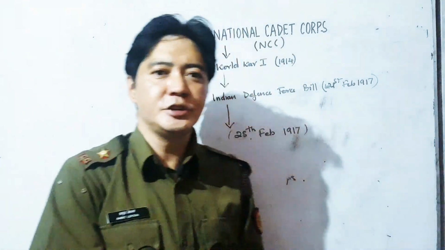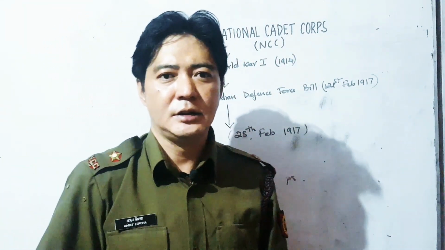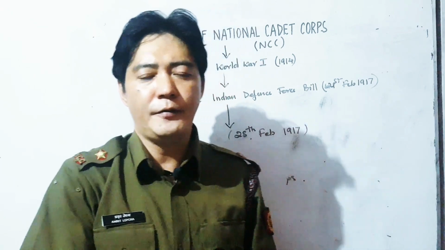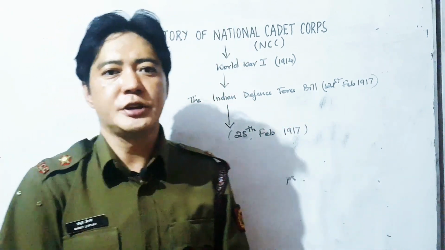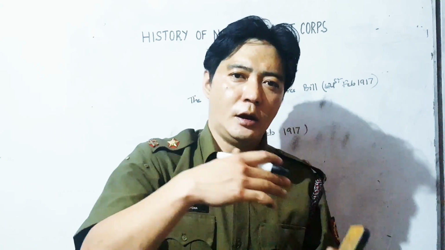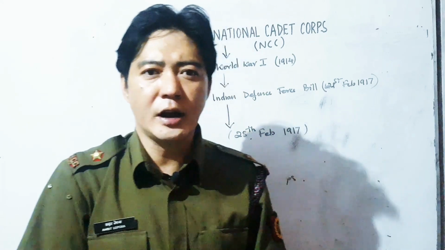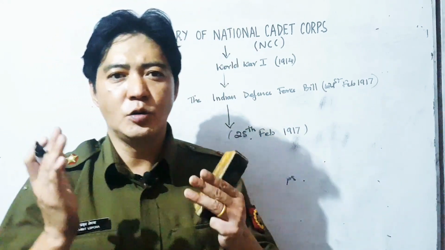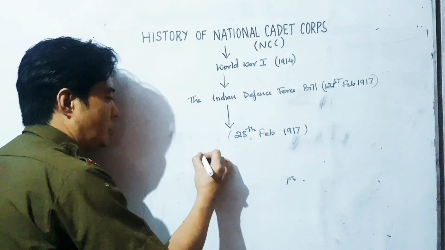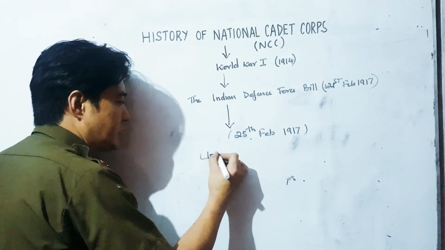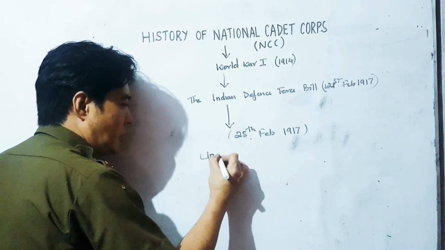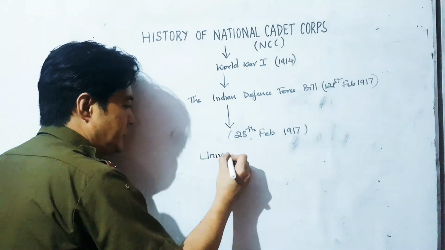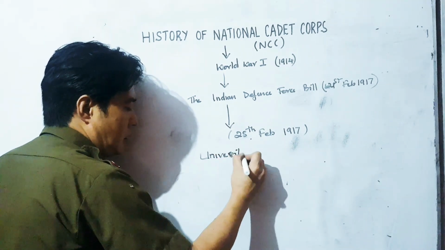After the transformation of the bill into an act, the enrollment of youths of India, or you can say the enrollment of students from different universities by the Governor General, started in the youth organization named University Corps.